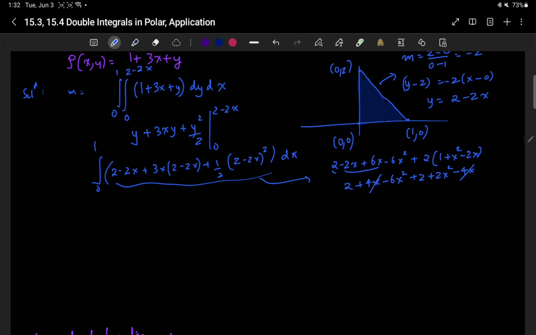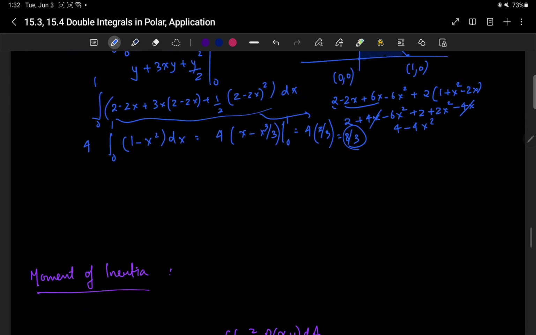The 4x terms cancel, and we get 4 minus 4x squared. So factoring out a 4, this is simply 4 times (1 minus x squared) dx, which is 4 times (x minus x cubed over 3) from 0 to 1, which is 4 times 2/3, which is 8 over 3. So the mass is 8 over 3.